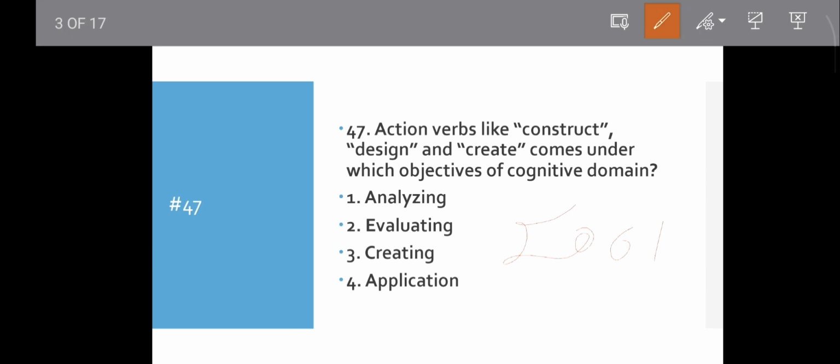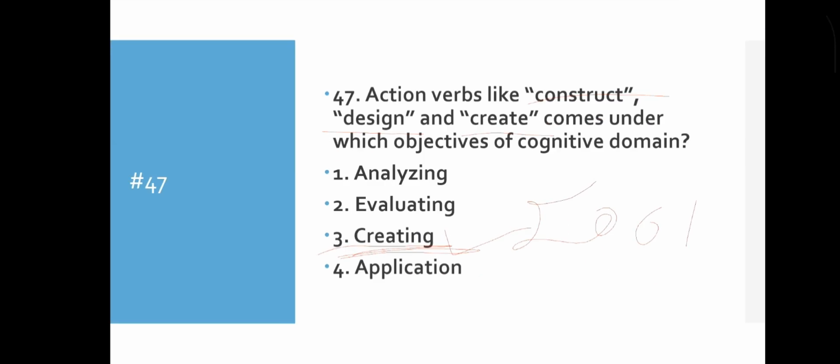The revised taxonomy is: remembering, understanding, applying, analyzing, evaluating and creating. So construct, design and create are related with creating. They indicate the highest level of thinking. So creating will be the correct answer. Move to the next question.